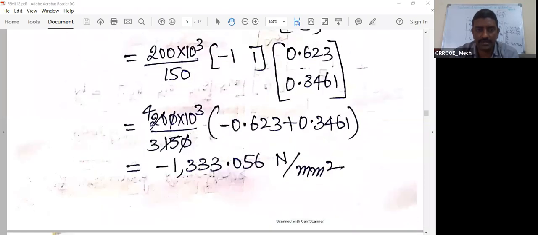After simplification, this is the value. Here it is a negative stress, so the compressive stress is minus 1333.056 Newton per mm square. So on element 1 there is tensile stress, and on element 2, compressive stress.